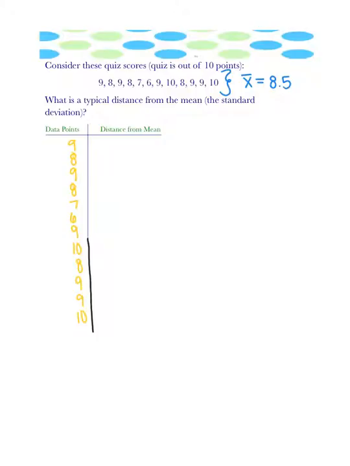So now if I'm just calculating distance from the mean, remember, I don't care if it's positive or negative. I don't really care if it's above or below. I just want to know the distance. So if I take 9 and 8.5, that distance is 0.5.